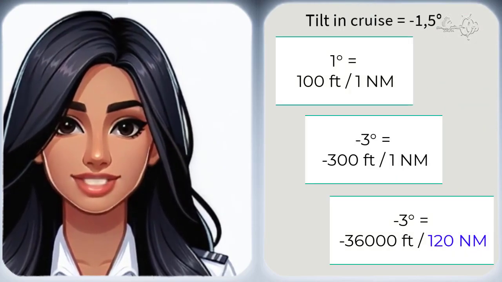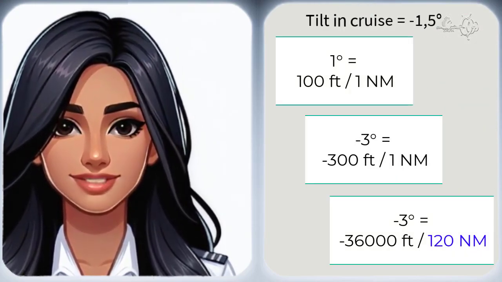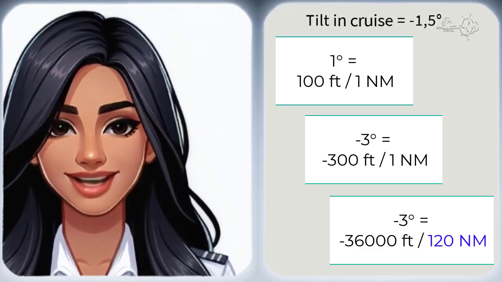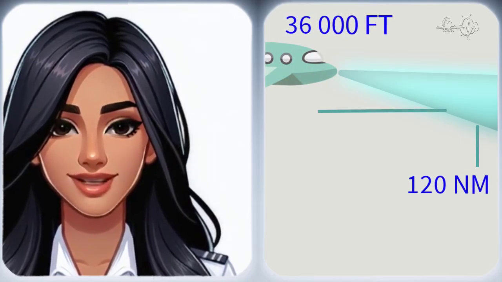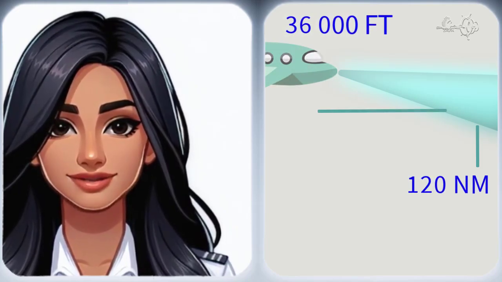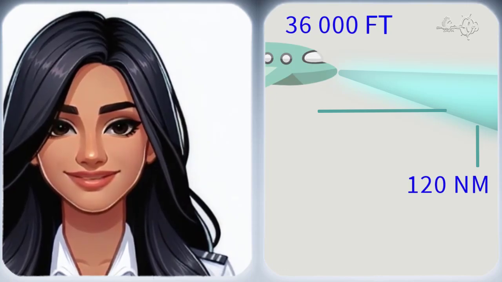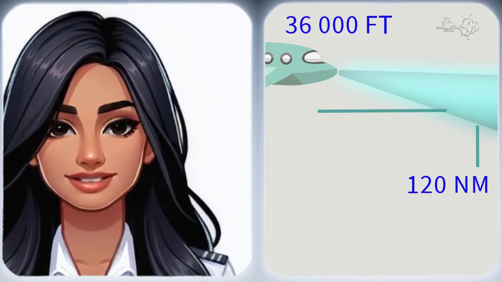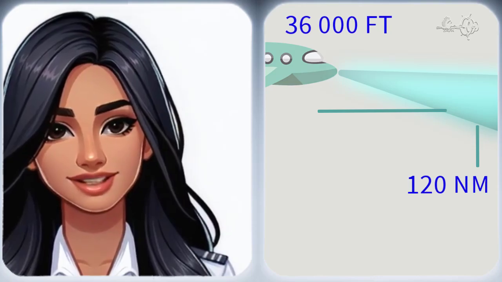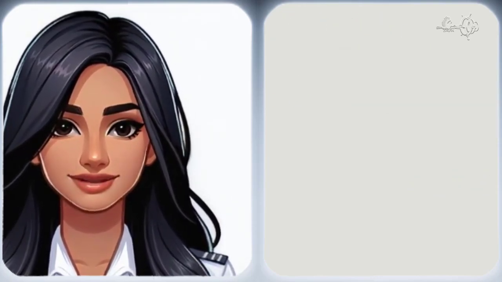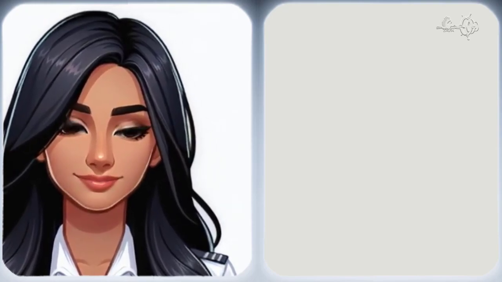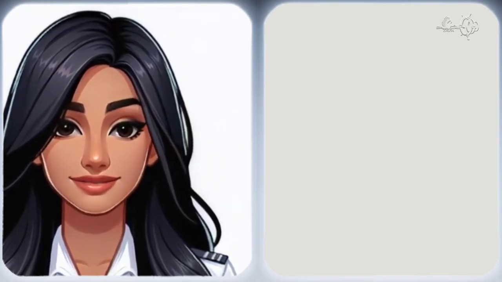Therefore, in cruise at, say, 36,000 feet, doing the math, 36,000 divided by 3 times 100 equals 120, meaning the lower edge of the beam will begin to reflect ground returns as of 120 nautical miles. This will become apparent as a well-defined solid band of returns as of this range onwards. Discovering weather inside of this band will then require a momentary manual tilt change upward.